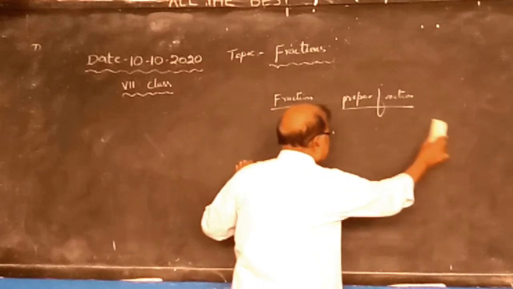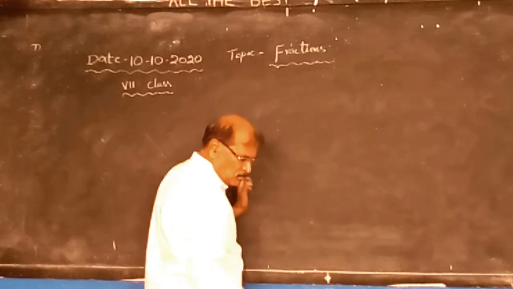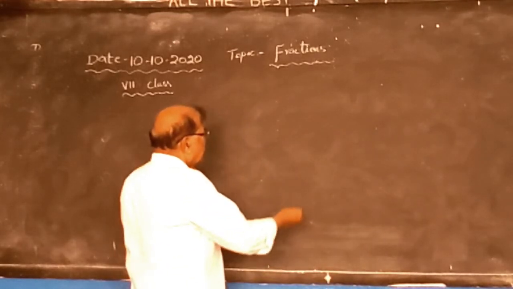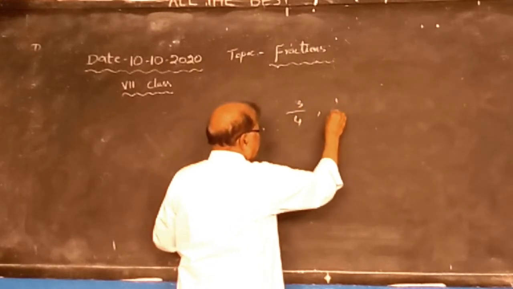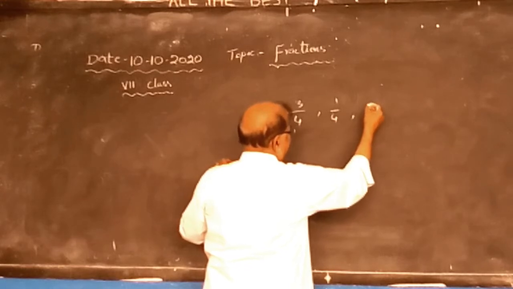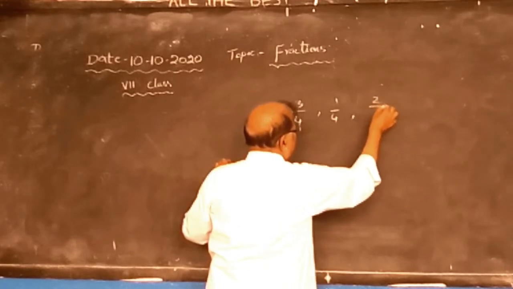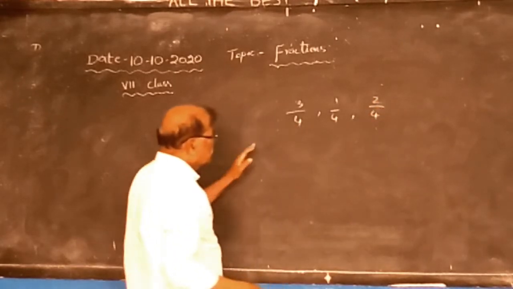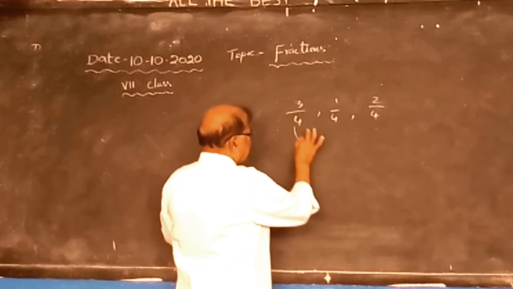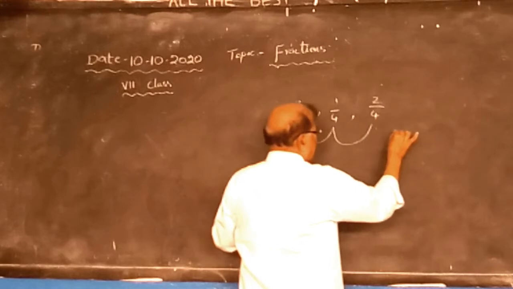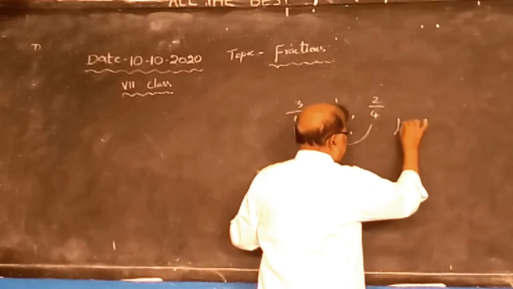What are like fractions? For example, 3 by 4, 1 by 4, say 2 by 4. 4 parts are made in each case. So if the denominators are equal, they are called like fractions.